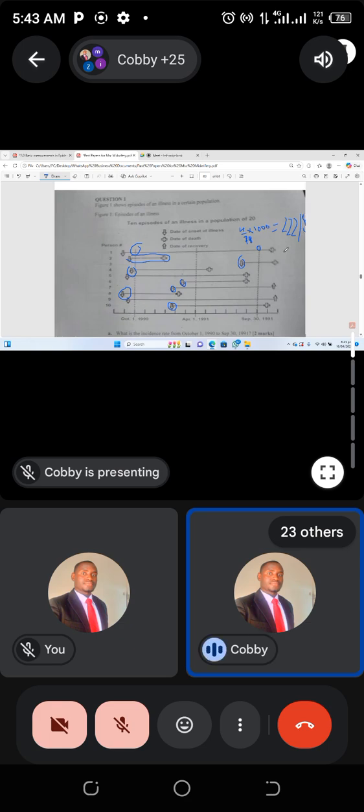So 222 per thousand. So that will be the incidence rate.